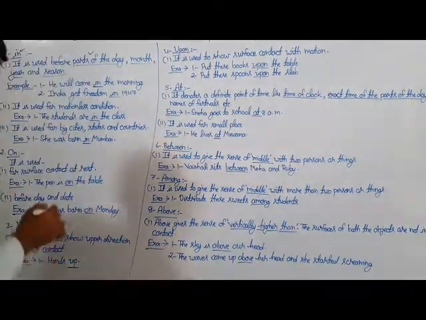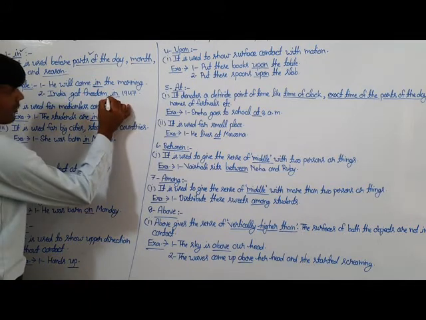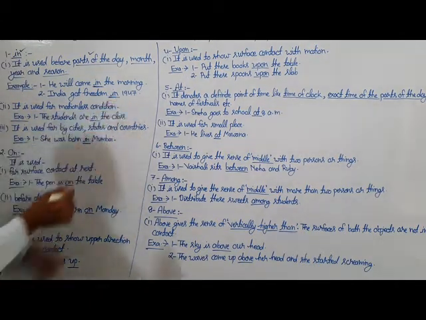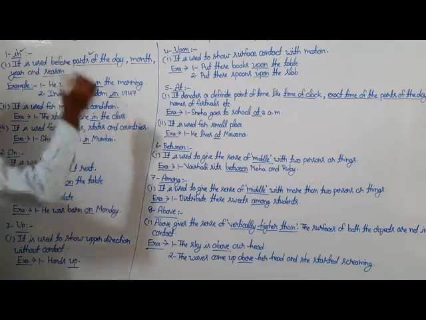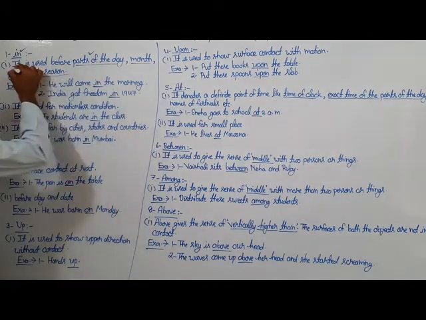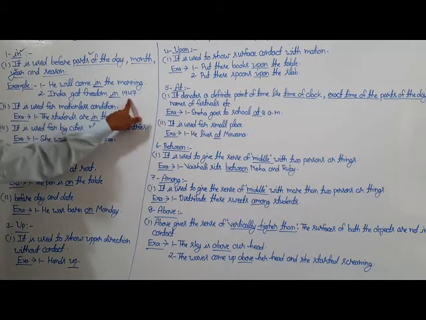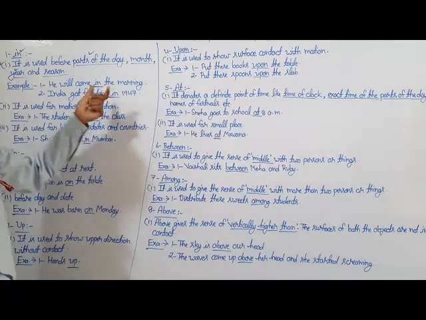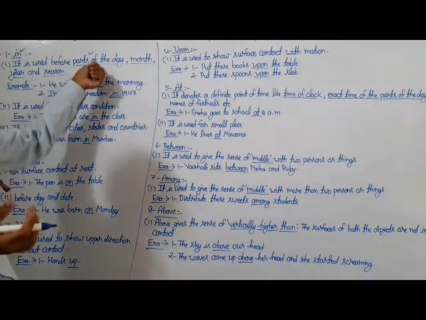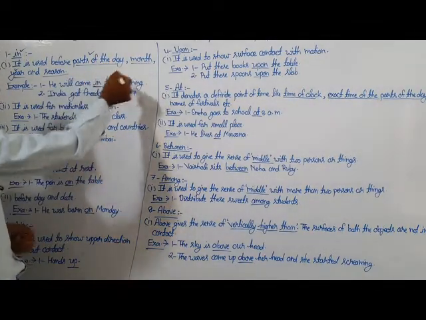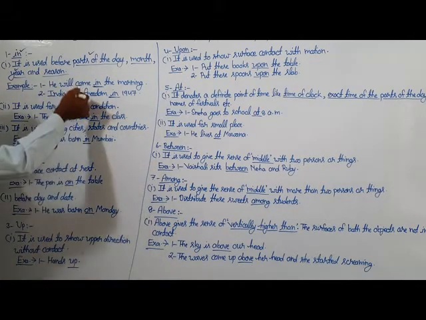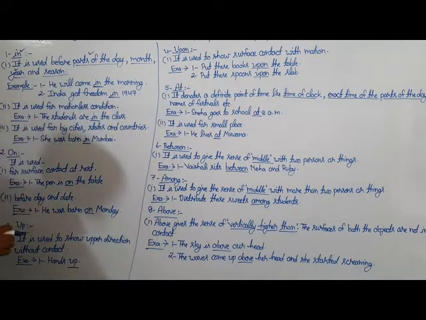Here the underlined word in is used to show the year 1947. So students, we can say that we use the preposition in before the parts of the day, month, year and different types of seasons.